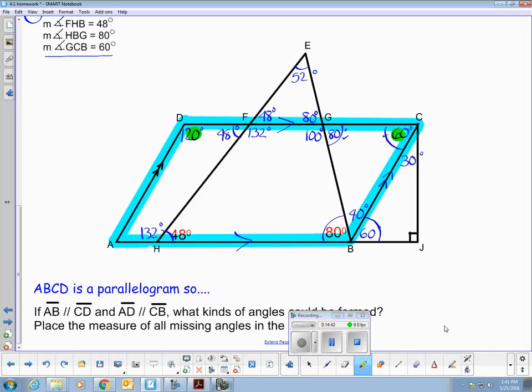And same side interior angles add up to 180 degrees. This angle is also 60 degrees because these two angles are also same side interior angles.